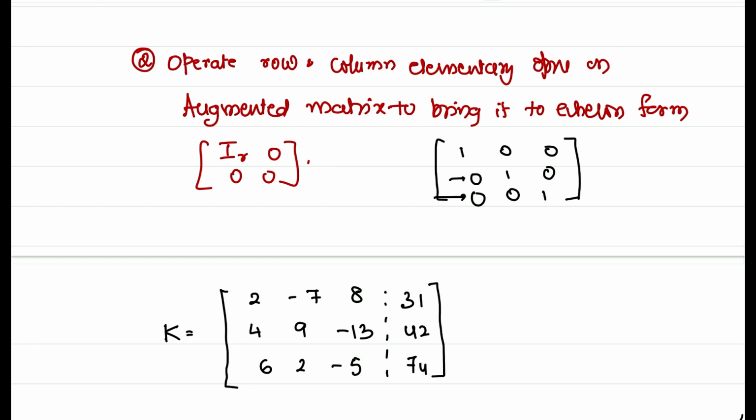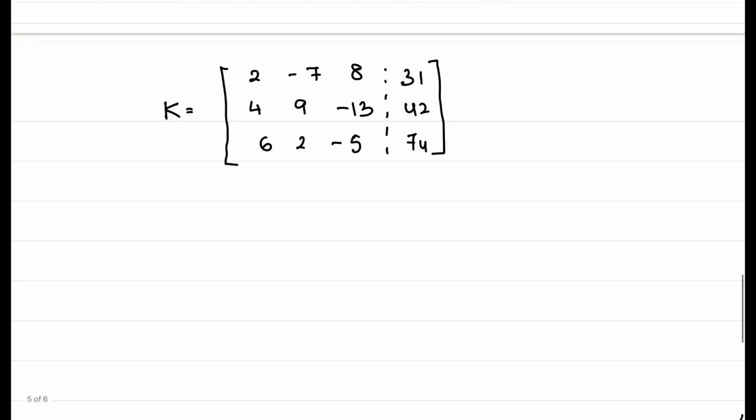Now what is our target? With row operations, we want to make this as 0 and this as 0. Let us try. 2 into 2 is 4, 2 into 3 is 6.